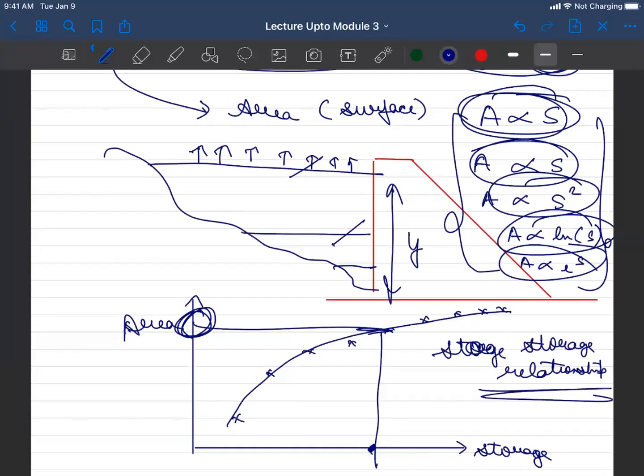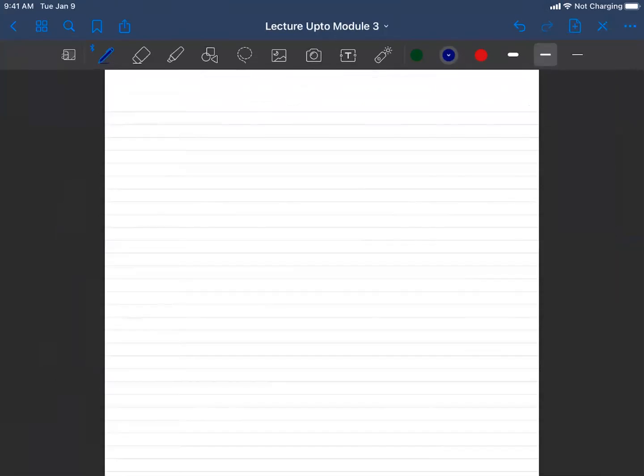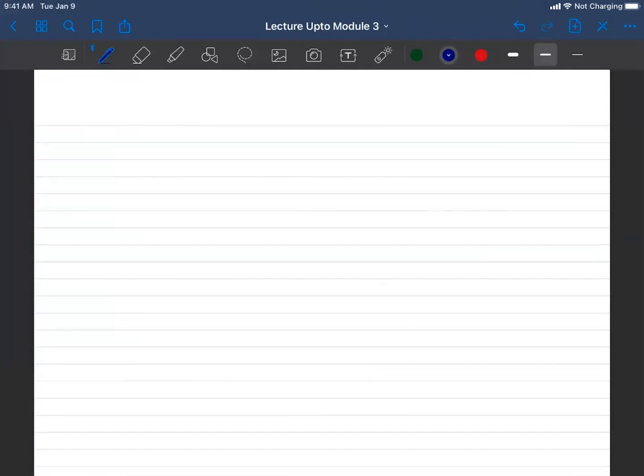Stage is height, storage is storage, relationship is how they vary. Does it make sense? If this is clear, then you would find no difficulty in understanding this concept, which otherwise proves to be tricky sometimes. Now, can a topographic map help here in any way? Absolutely, but you need to do the same thing again.